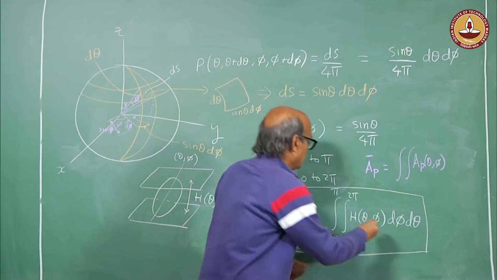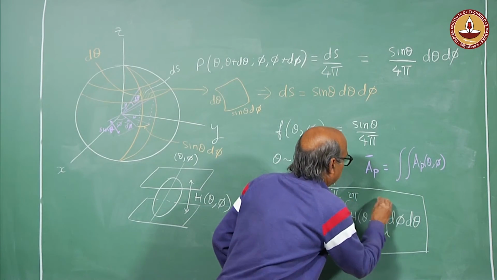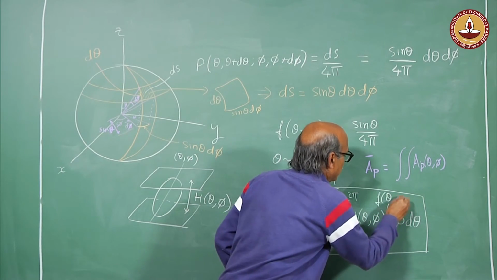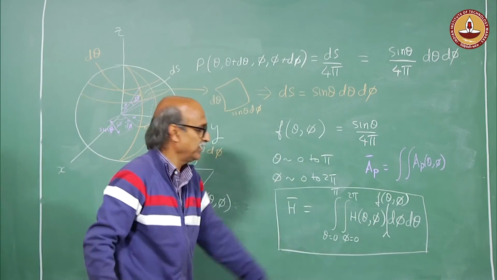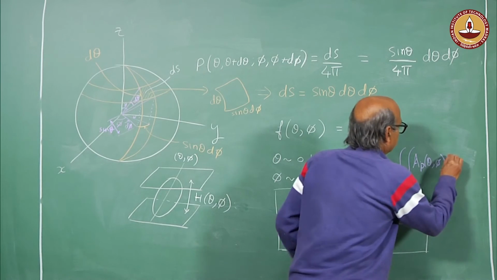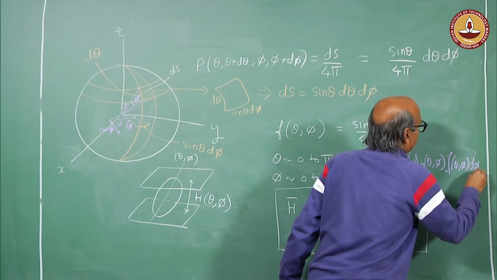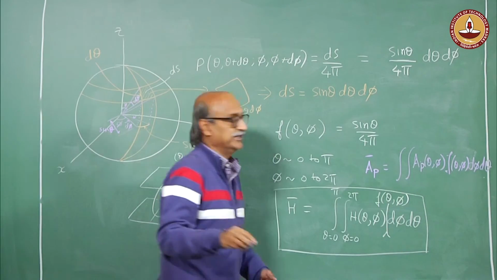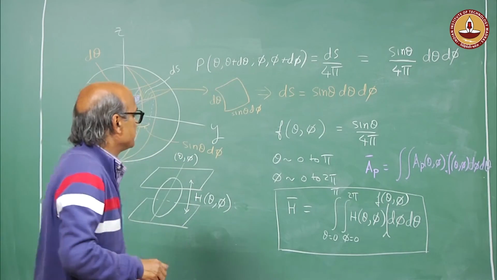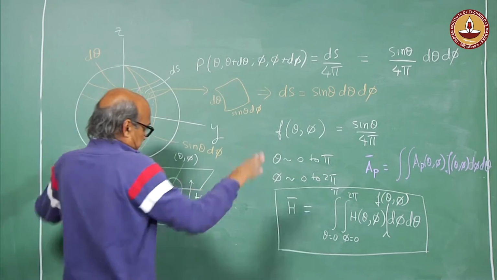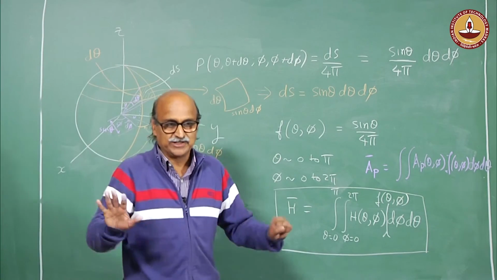There is something missing, I have to introduce the density function also to get the average, f theta phi. So, here also it would be f theta phi d phi d theta. Okay. So, this is the way we can get averages.